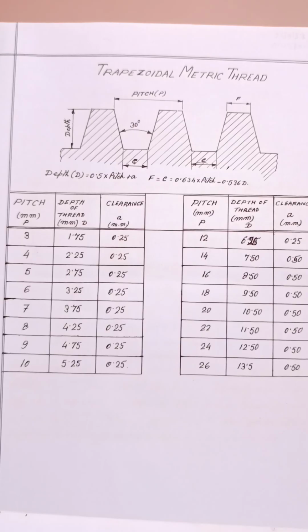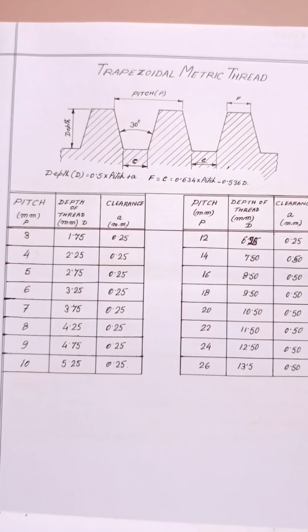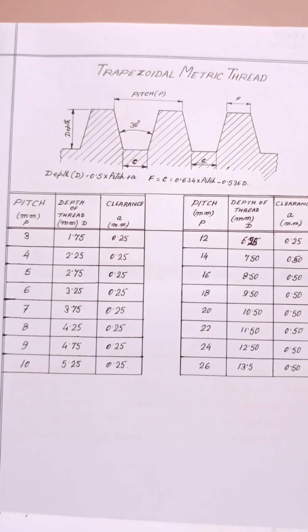In the English system, ACME thread is known as 29 degree included angle. To modify it in the metric system, the name given is trapezoidal thread or trapezoidal metric thread. Here the included angle is 30 degree.